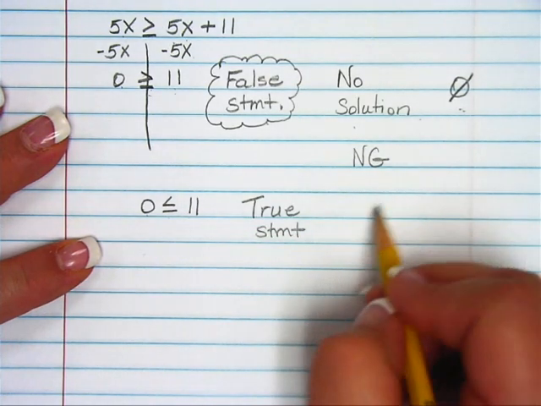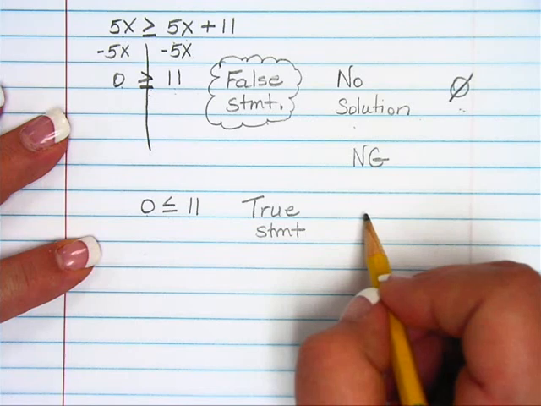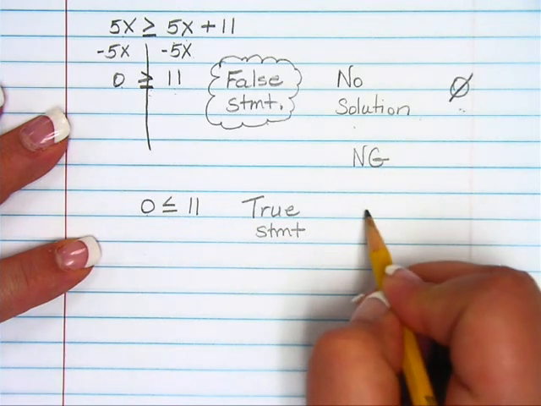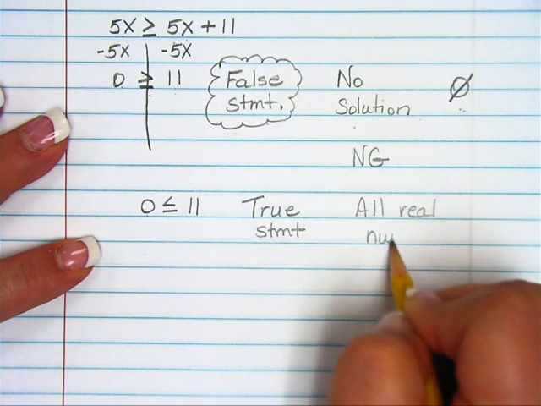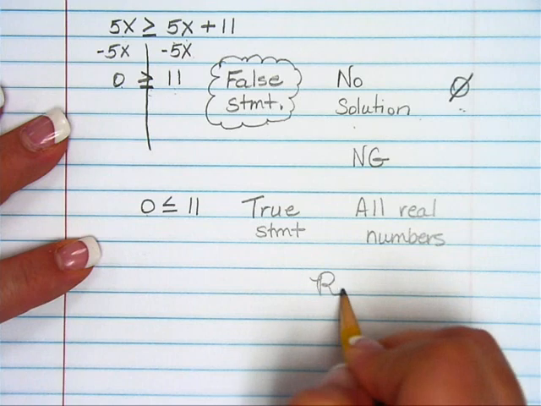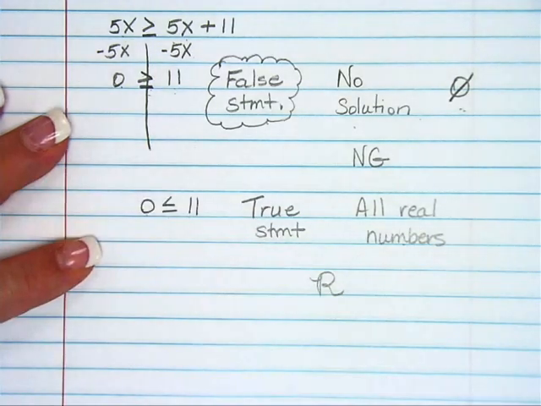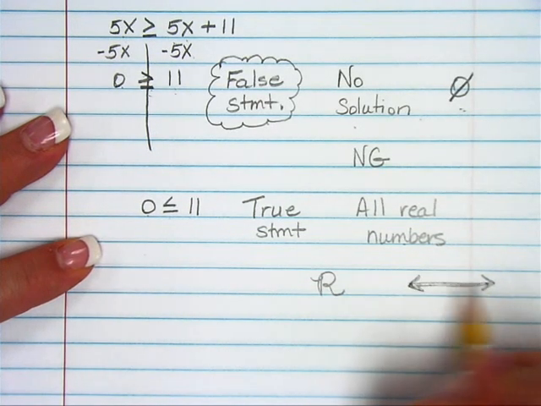So that would have been a true statement. And for true statements, the answer to the inequality, or the set that makes those true, is all real numbers. So the answer would have been our fancy R, or all real numbers. And then how do we graph all real numbers? Well, we include everything that's on the number line. Okay?